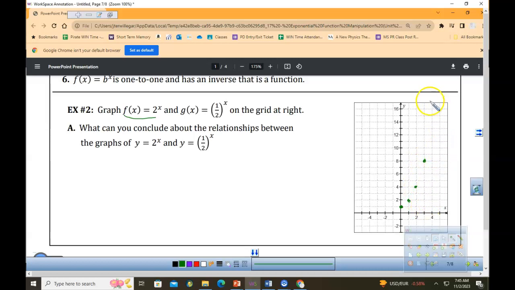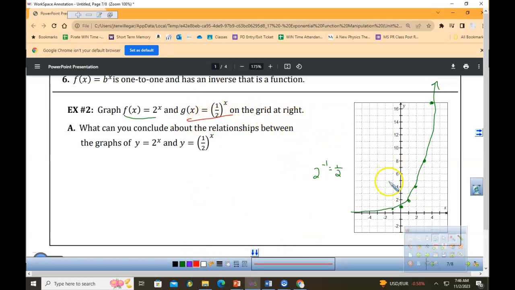If you want to do 2 to the fourth is 16. 2 to the negative 1. Remember, 2 to the negative 1 would be 1/2, right? All right, that should be enough to graph it. Good enough. So that's my 2 to the x.